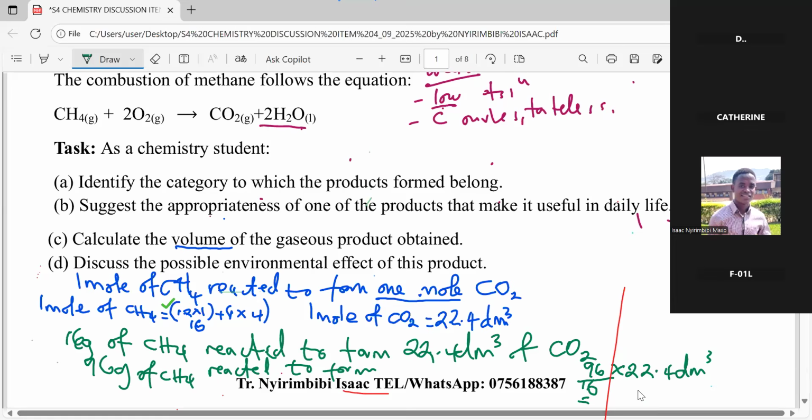I get 134.4 decimeters cubed of carbon dioxide gas. So the volume is that.